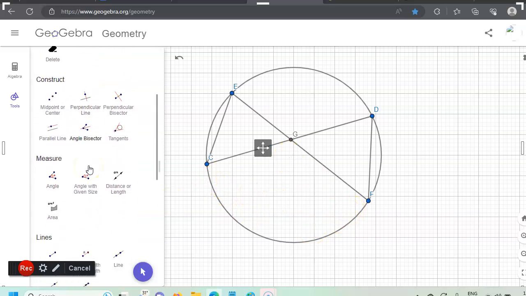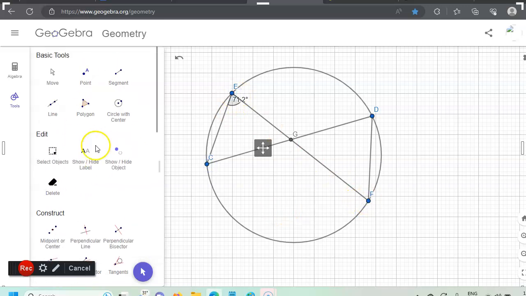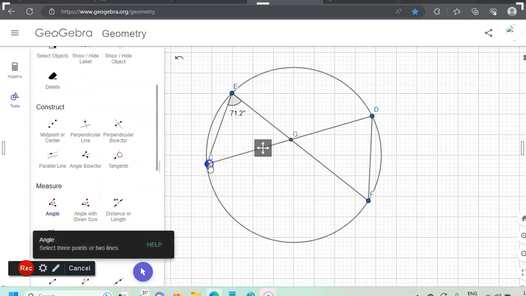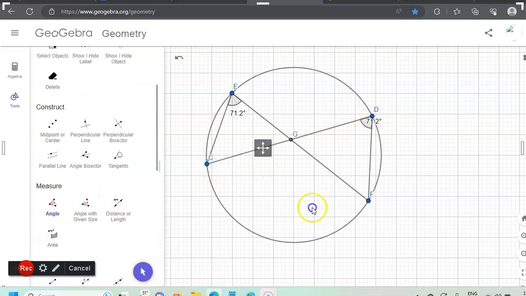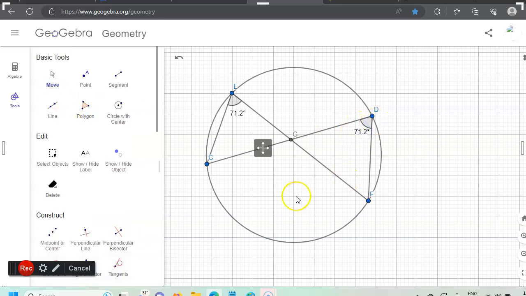So let's validate congruency using GeoGebra by measuring. We measure angle E. It's 71.2. Then let's measure angle D. It's also 71.2.